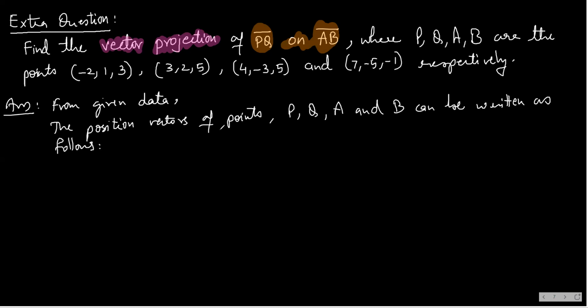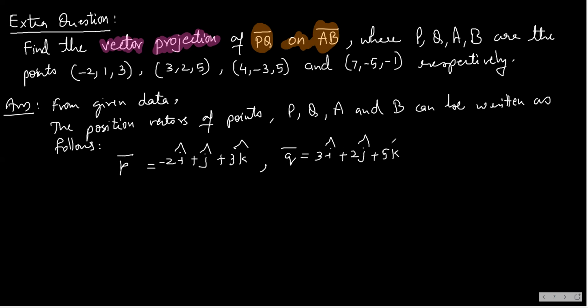How do I write it? The position vector of point P will be P bar, and that is equal to 2i cap minus 2i cap plus j cap plus 3k cap. Q bar will be 3i cap plus 2j cap plus 5k cap.